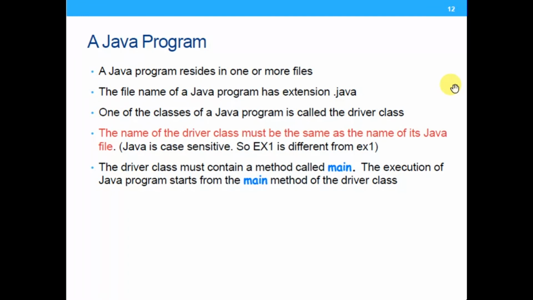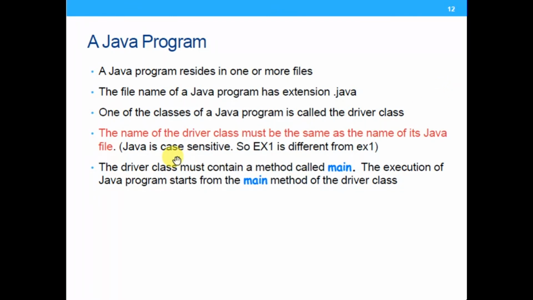The driver class has the main method which the program runs from. So each program should have a driver class, and this driver class should have a main method. The name of the driver class must be the same as the name of its Java file. So the driver class and the Java file should have the same name, so the program runs.